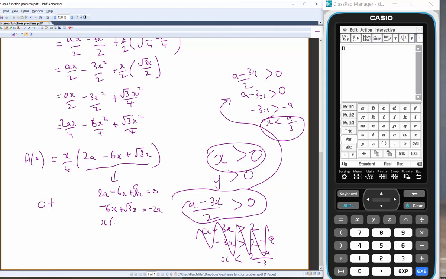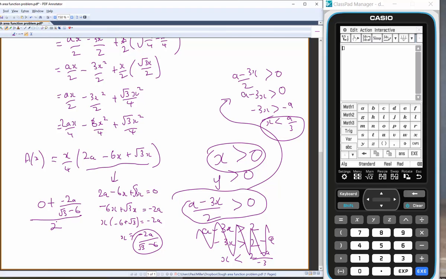Grab x out as a common factor. Negative 6 plus root 3 equals negative 2a. x is going to be negative 2a over root 3 take 6. All right, so that's the other x-intercept there. So it's going to be 0 and this value here, which is 0 plus negative 2a over root 3 take 6.